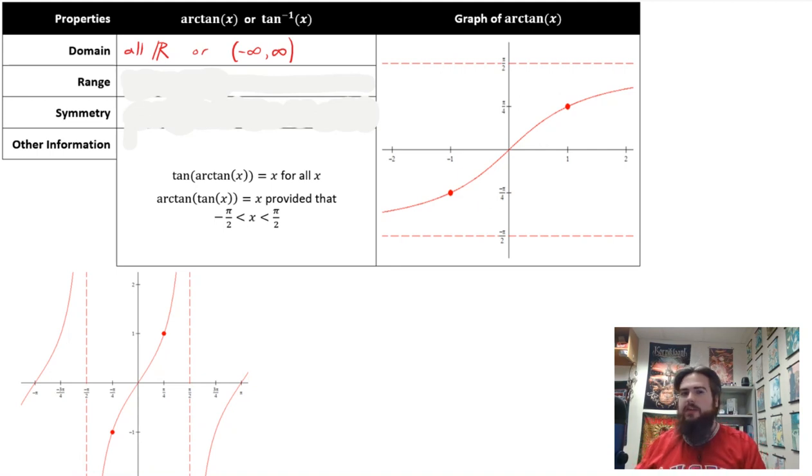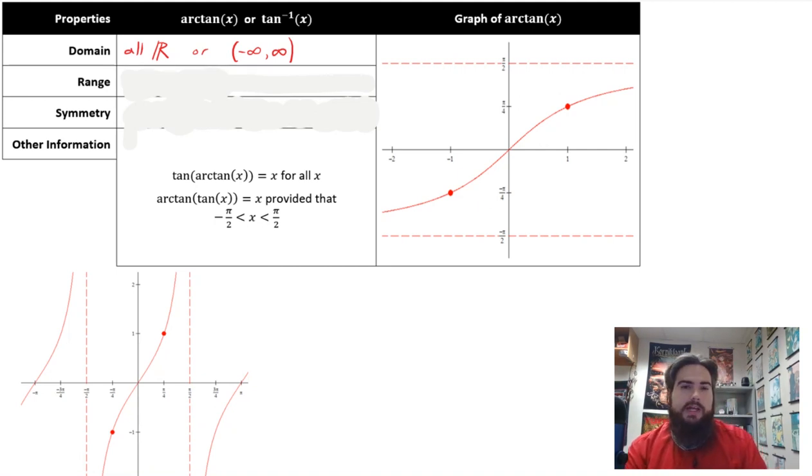You can plug anything into arctangent and you will get an answer back, which is relatively unique among most of the inverse trig functions. That's one of the more convenient things about it. So you don't really need to be too worried about, does this define a realistic right triangle?